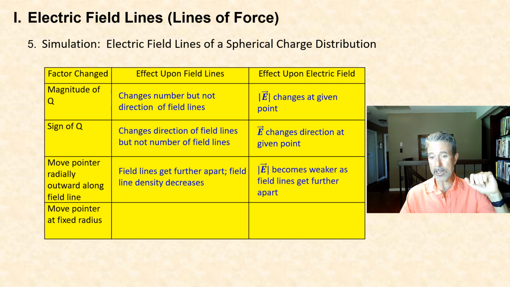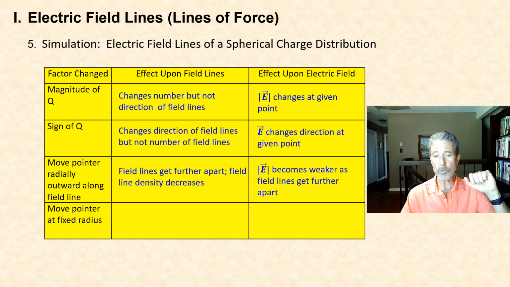What did this signify about the electric field? This tells us that the magnitude or strength of the electric field becomes weaker as the field lines get further apart. So remember that it's the field line density that gives us information about the strength of the electric field at a given region in space.